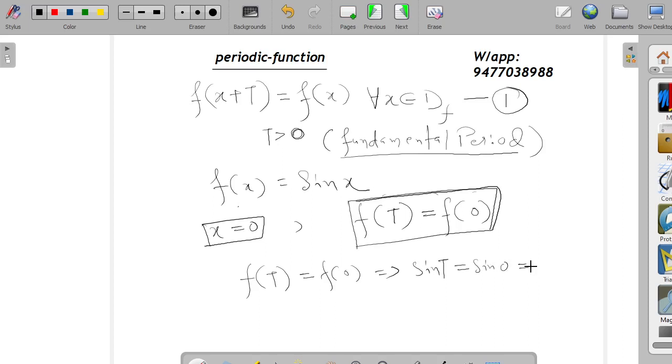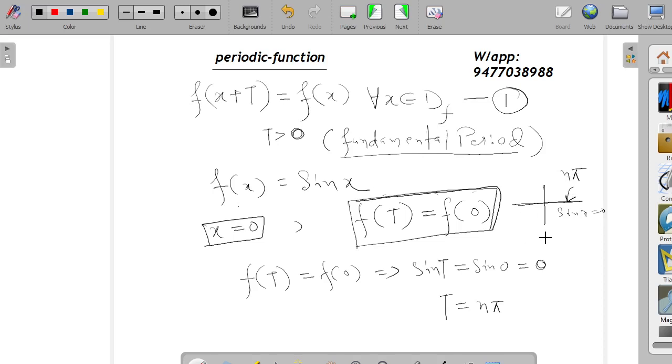Since sin 0 is 0, t will be n pi, because sin x is 0 on the horizontal axis, and the equation of this horizontal axis is n pi.